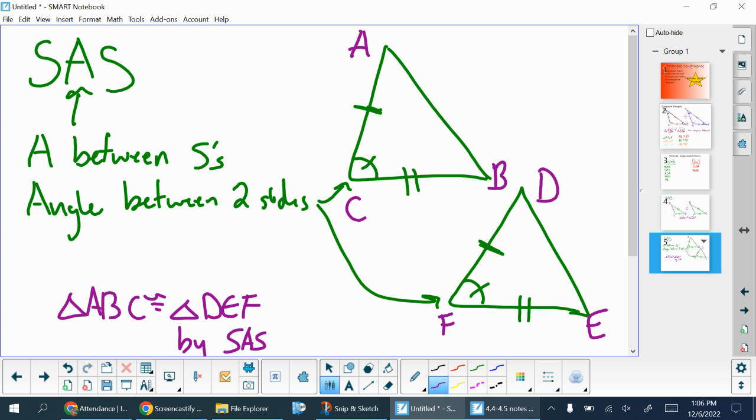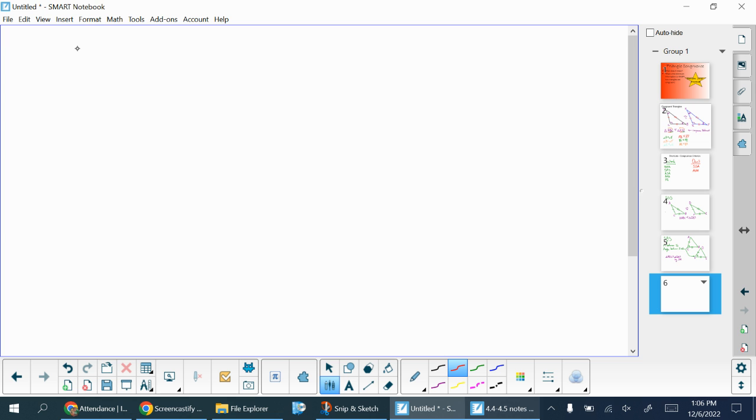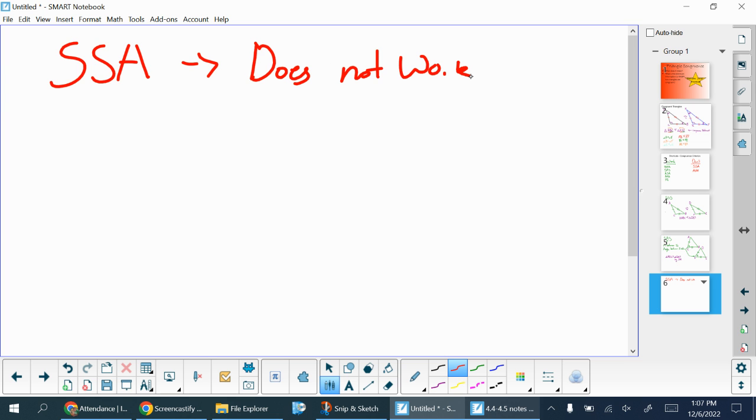Now, this would be a good time to contrast that with the SSA that does not work. So I'm going to put SSA, and make sure I say does not work. In class, we talked about specifically why this is the case. You would really just need to know that it doesn't work and what it looks like.